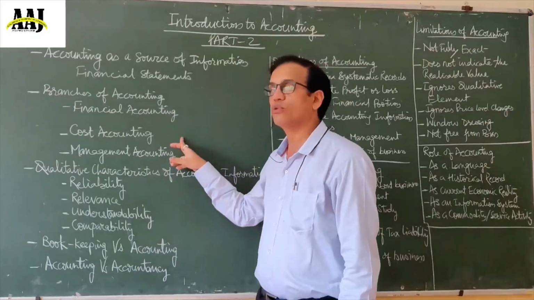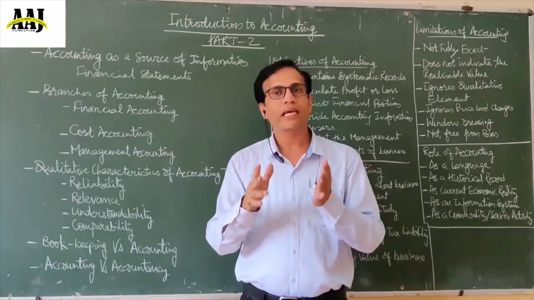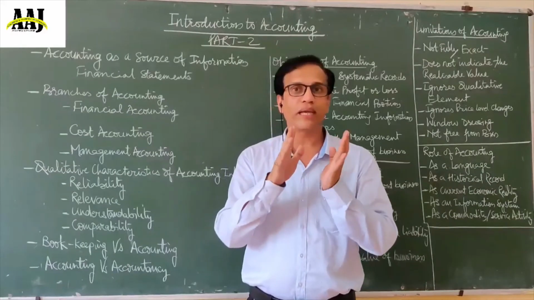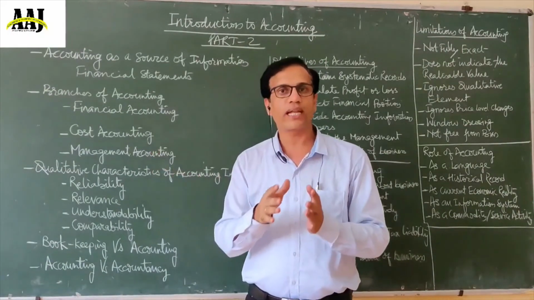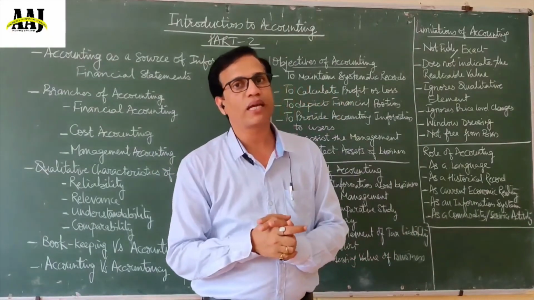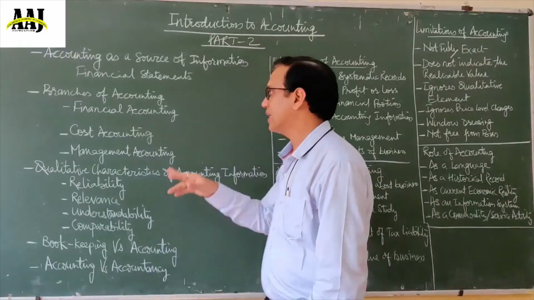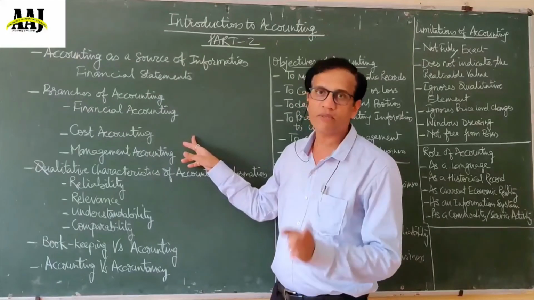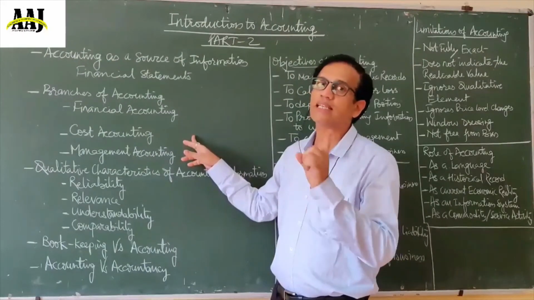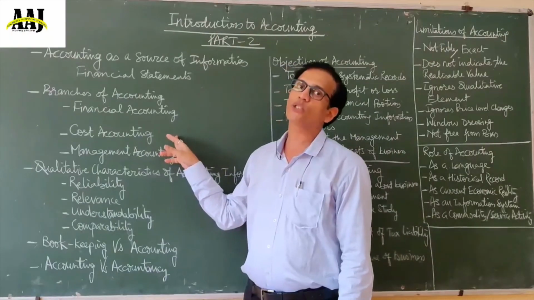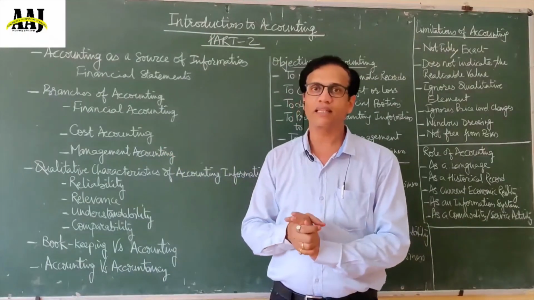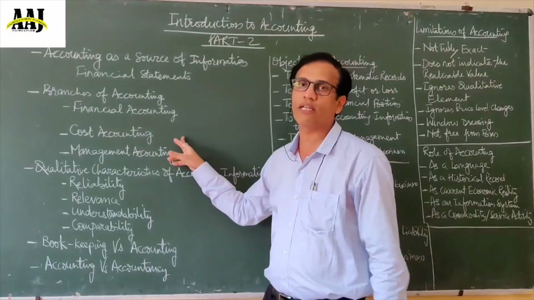So it refers to mainly calculating or determining the cost of a product or service so that the selling price of the same can be fixed. It helps the management in exercising control over the cost of the product and the services. So it is also very important.